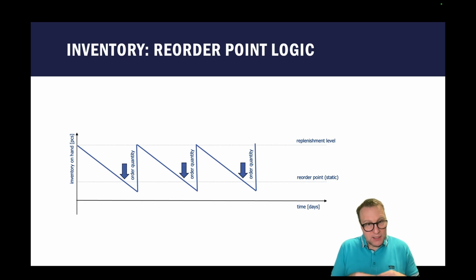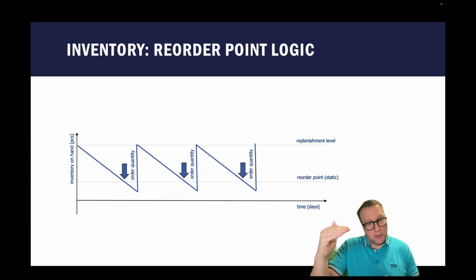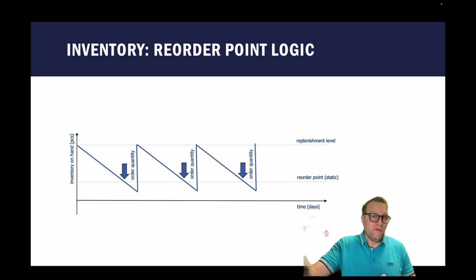It's getting less and less. Then it goes below a certain threshold and you release an order and say, okay, please deliver again 1,000 pieces. And then the order quantity comes in, then you are at a high level of your stock level, and then it's going down again.